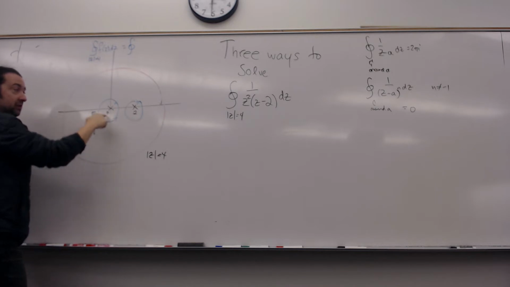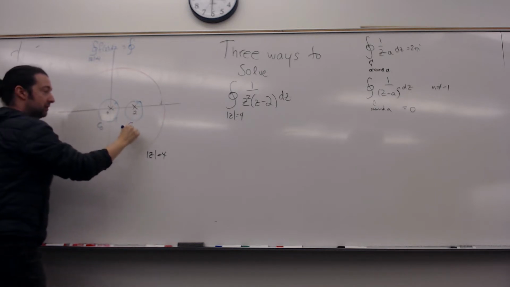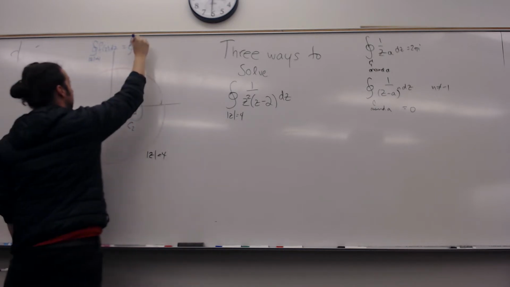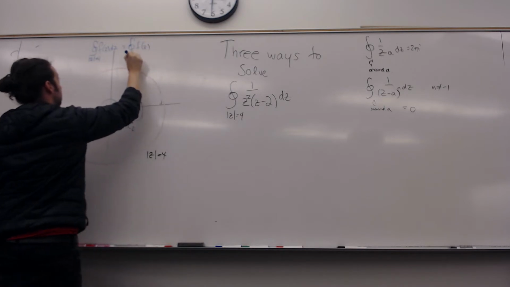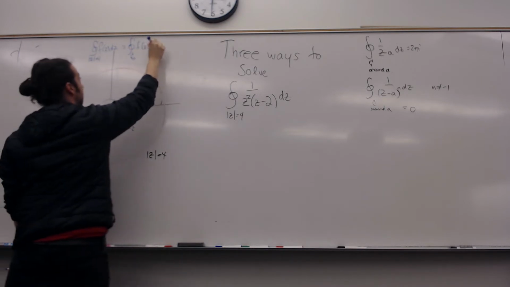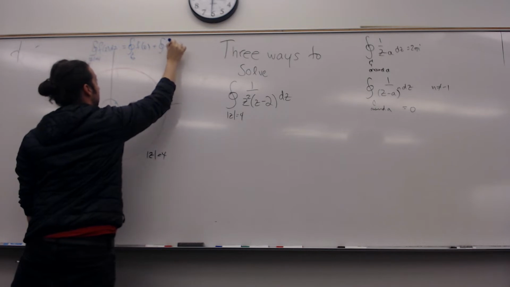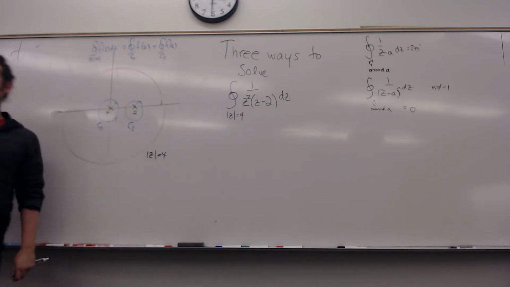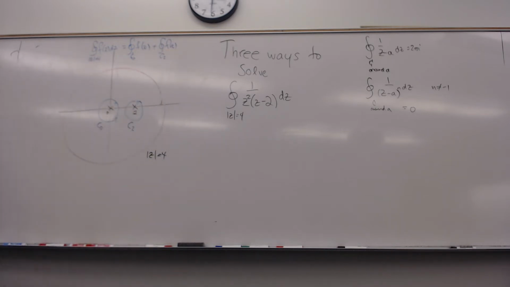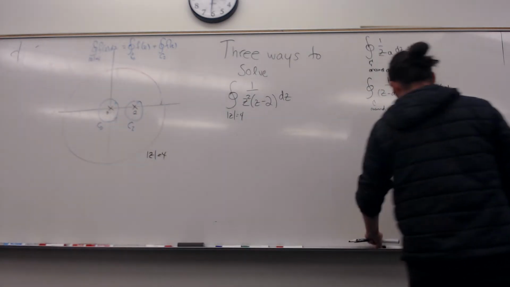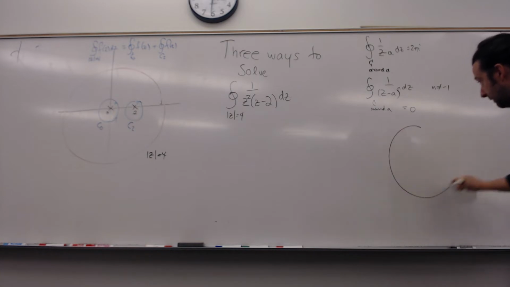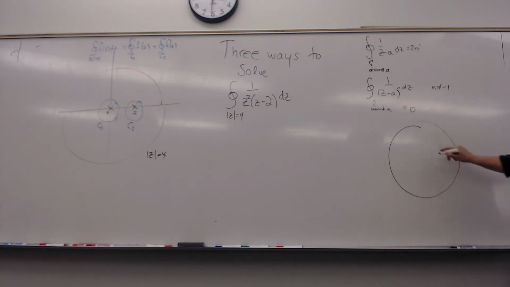I'll call that C0 because it goes around 0, and I'll call this C2 because it goes around 2. This is equal to f of z integrated around that little circle at 0 plus f of z integrated around that little curve at 2. This is a direct consequence of the Cauchy theorem. If you want to see why, imagine you're going around, and then you cut in, making sure that orientation is preserved.